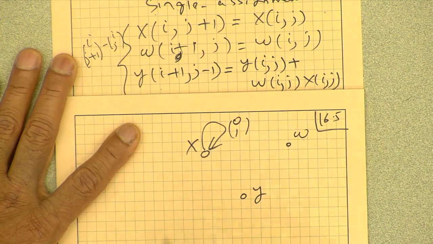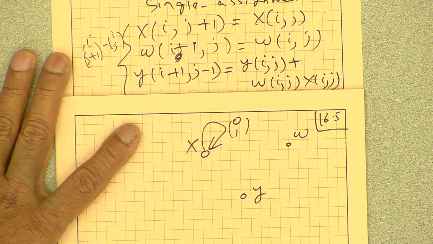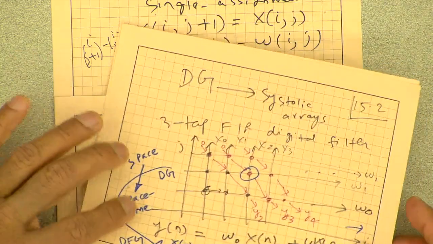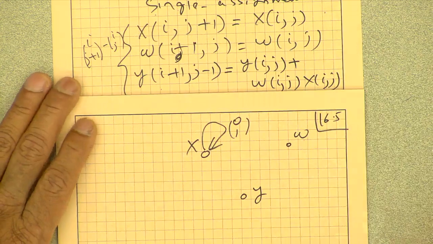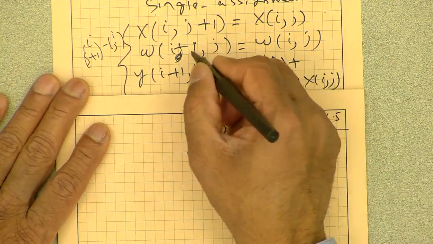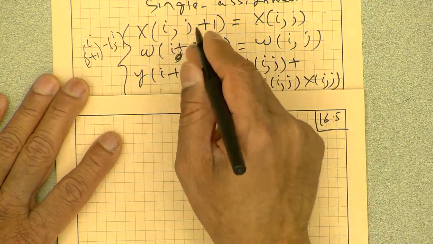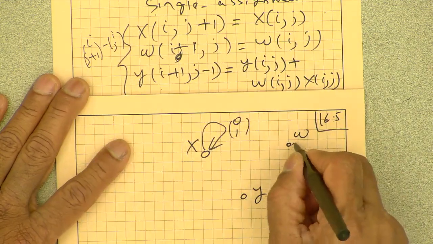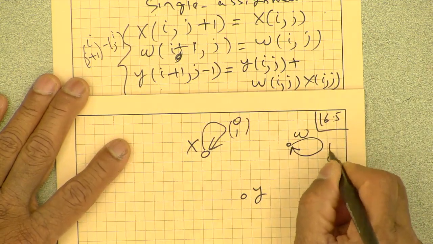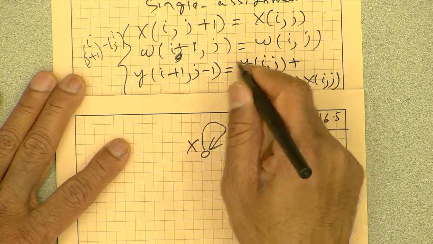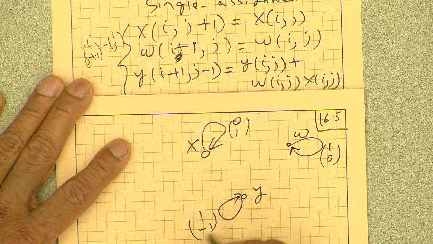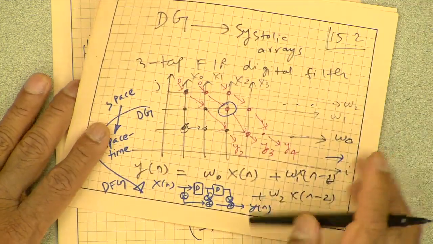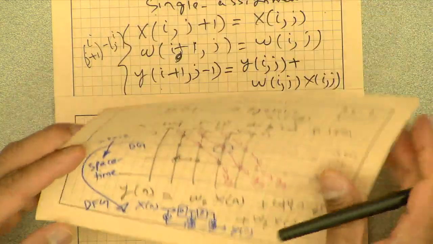So, the x has a displacement vector 0 1, and you could see that directly from here. X is going up 1 unit along the y axis, and that is 0 1. W is going right, and if you subtract i plus 1 j minus i j, that is going to be 1 0. Output to output, y to y, is 1 minus 1, and that is what you saw as going diagonally down, 1 minus 1.